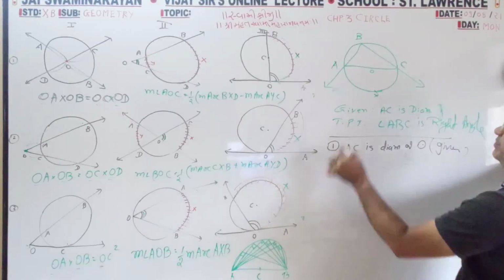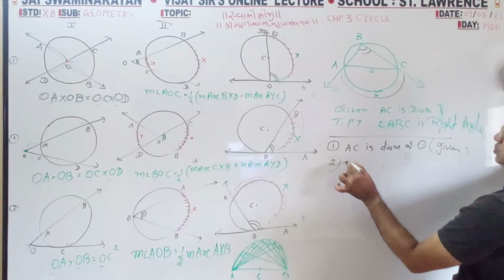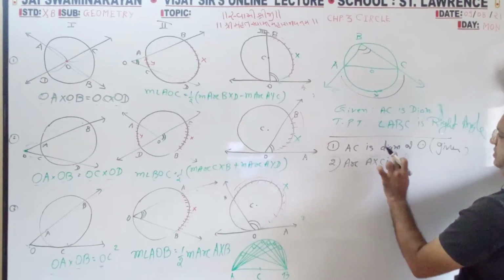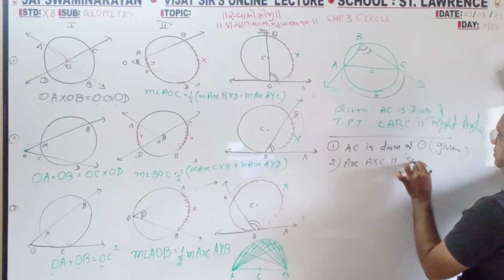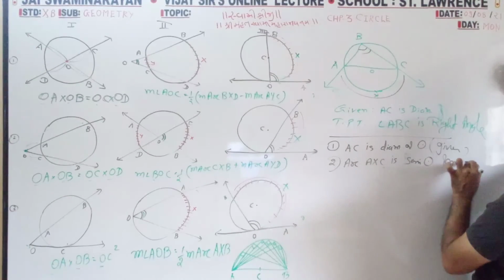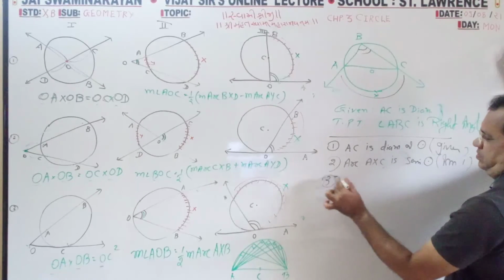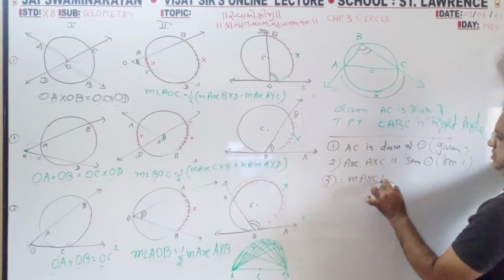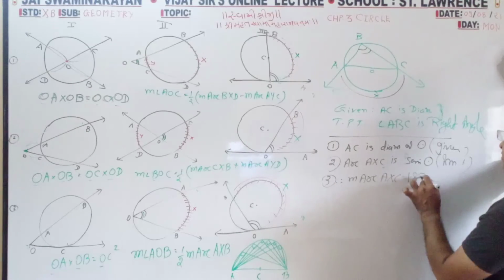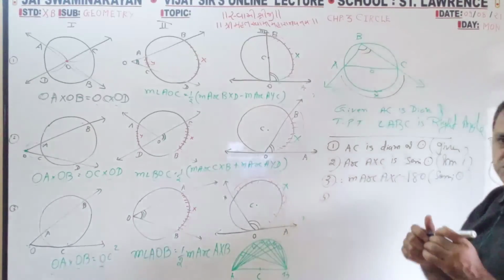As per the formula, this angle is half of this. So arc AXC is a semicircle, from statement number 1. Therefore, major arc AXC is 180, semicircle, half circle.